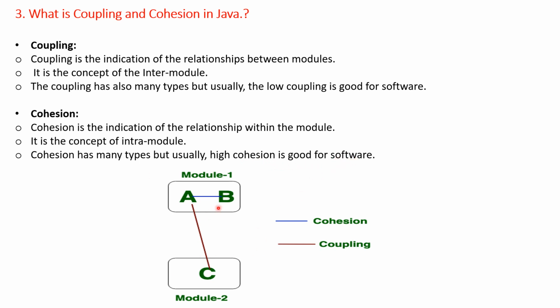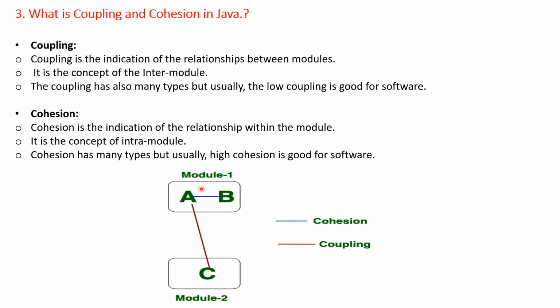If we see this, we have module 1 and module 2. In module 1, let's say there is class A and class B, and another class C, in one application, that is module 1, and in the second application, module 2. Here the blue line indicates cohesion. Cohesion means within the same module.